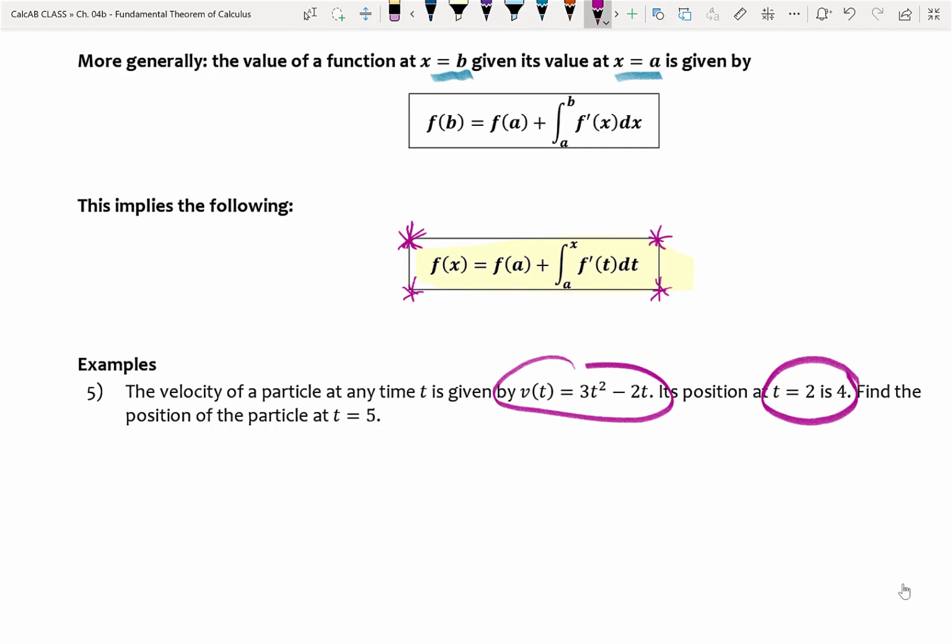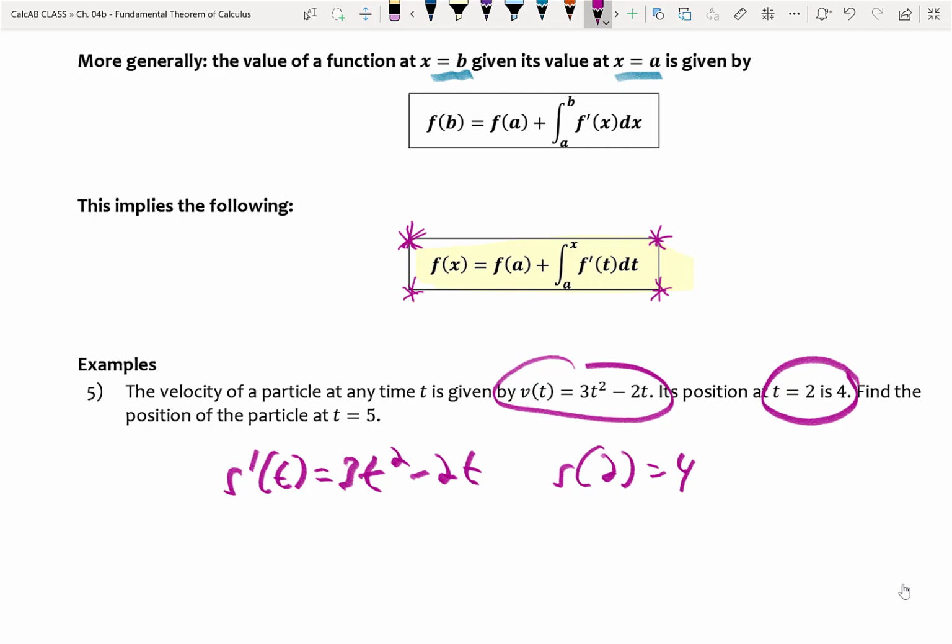But as a shortcut, rather than find an indefinite integral and then plug in to find out what that c value is, and then plug in 5, we're going to just step back and say, I know that v of t is s prime of t, and I know that I have the ordered pair s of 2 is equal to 4. Again, a dead ringer for putting this whole thing together.